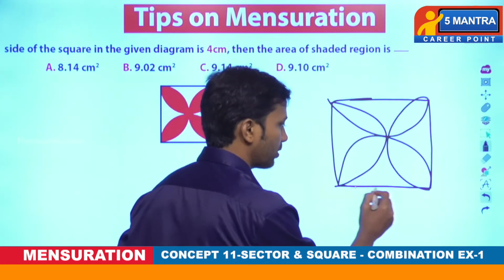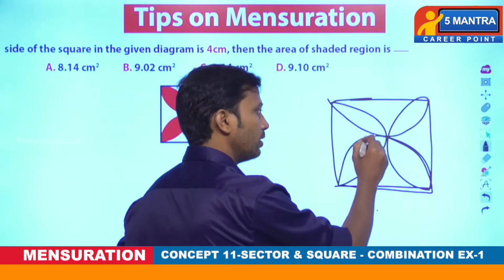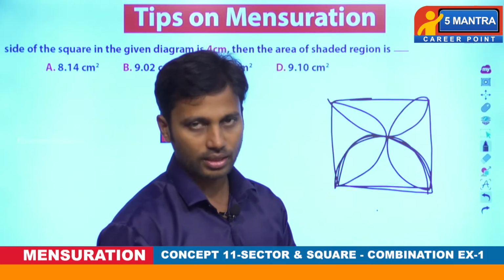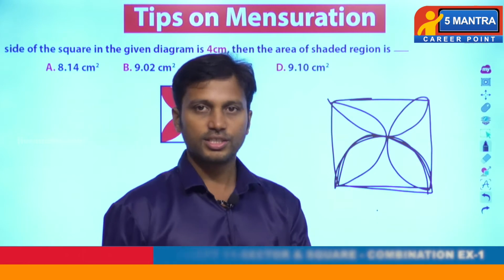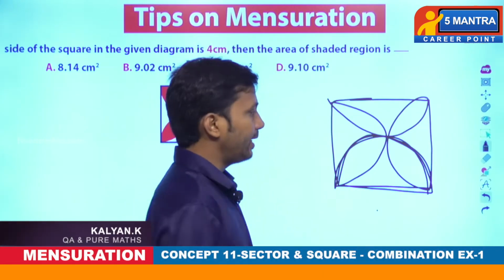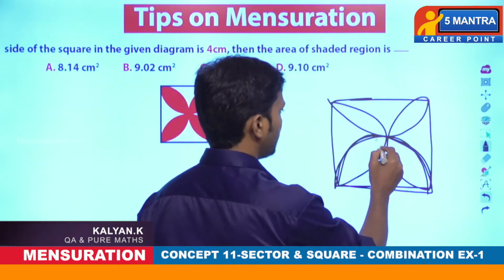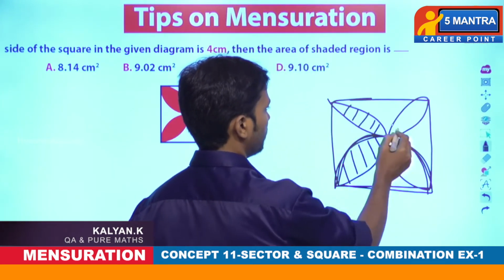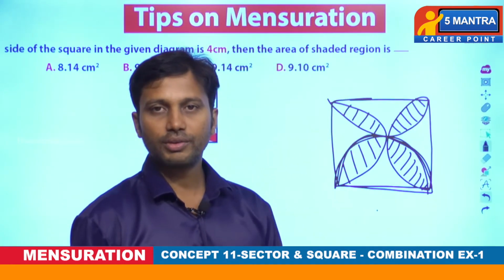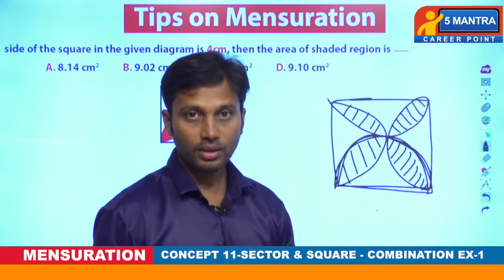Is it a diameter or not? It's a diameter and a side also. So the side of the square and the diameters of the semicircles are the same. In that case, what is the area of this shaded region? That was taught to you in that video.